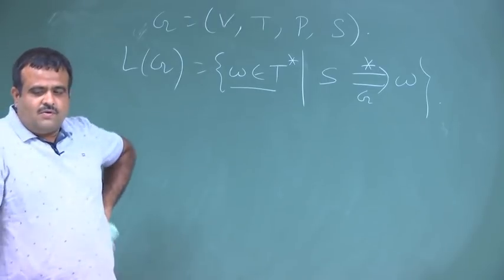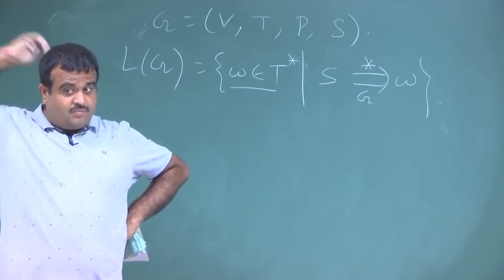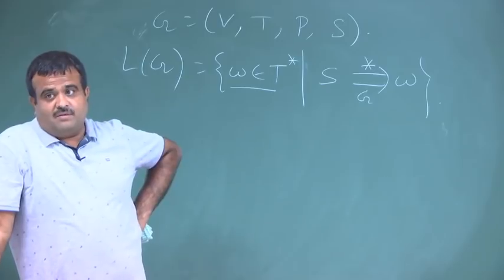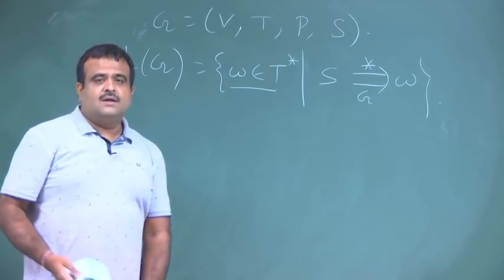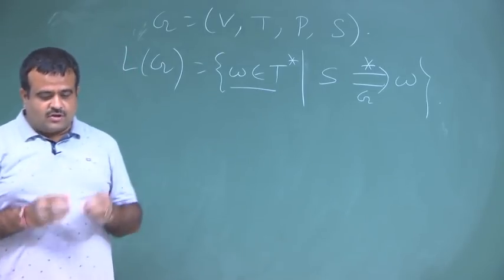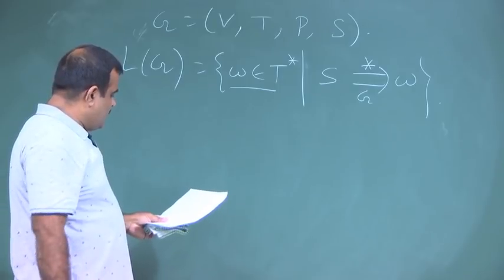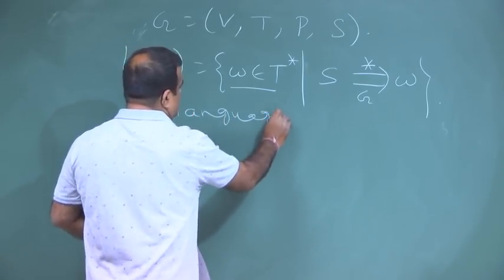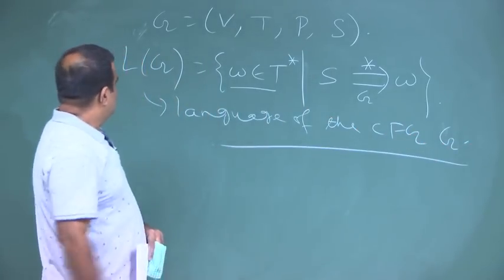So, this language consists of strings of terminals only, and this string of terminals should be derived from the starting variable S. Then this set of strings, if we gather it, is called the language of the context free grammar G. This is L of G.